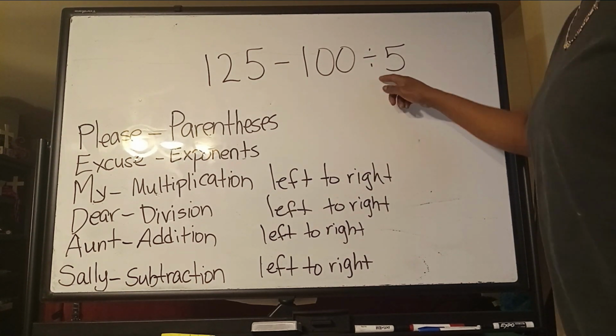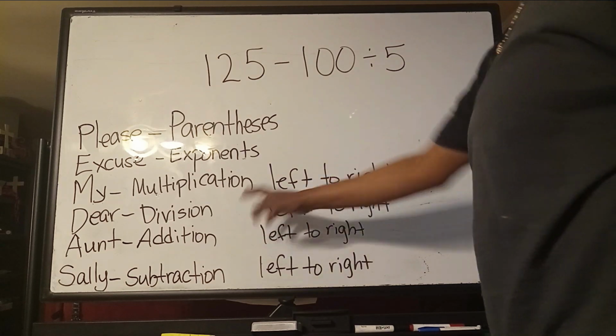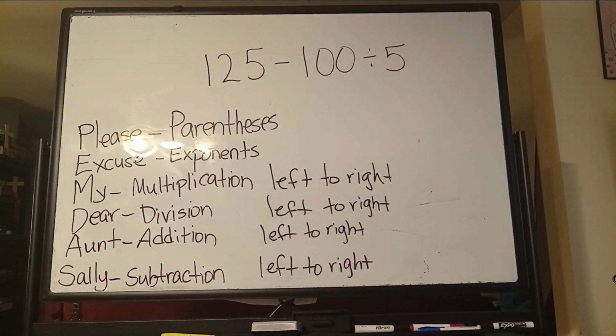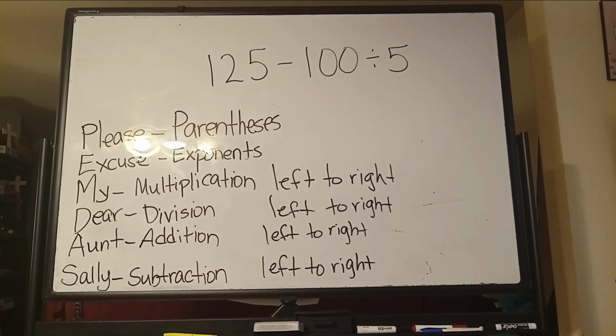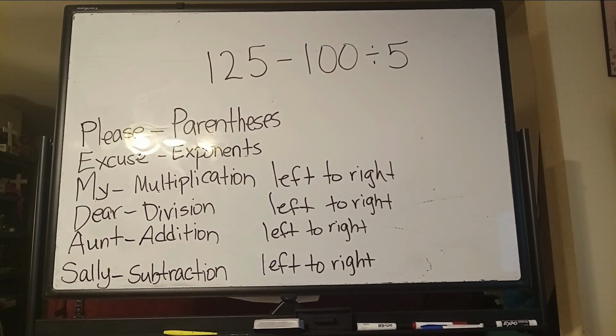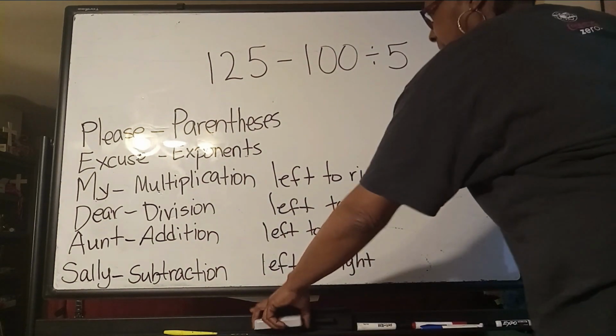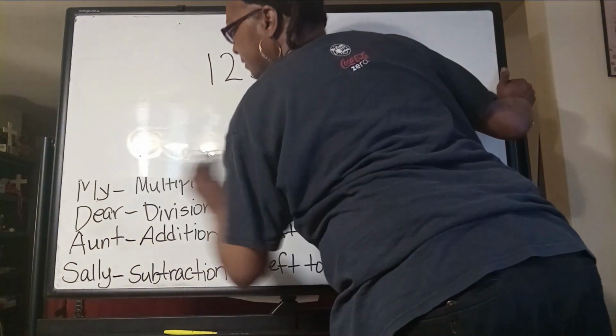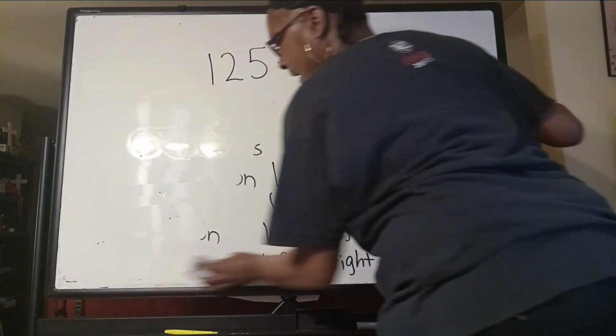However, we have to do the division first. Why? Because it comes first in our order of operation. So we do that first. But I just want you guys to get a chance to write that down. All right, so hopefully everyone got a chance to get that down who needed it. You can always pause and go back.